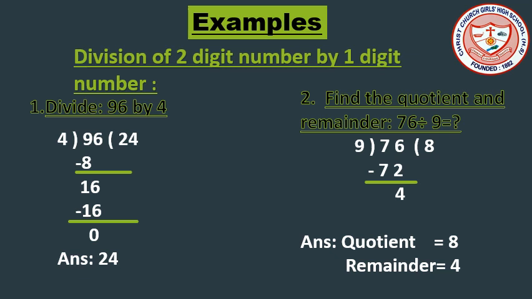So here the answer is quotient 8 and we know we call the leftover in a division sum the remainder. So the leftover is denoted as remainder over here. So here the remainder is 4. Got it? Because here one thing you should always remember, that the remainder is always lesser than the divisor.